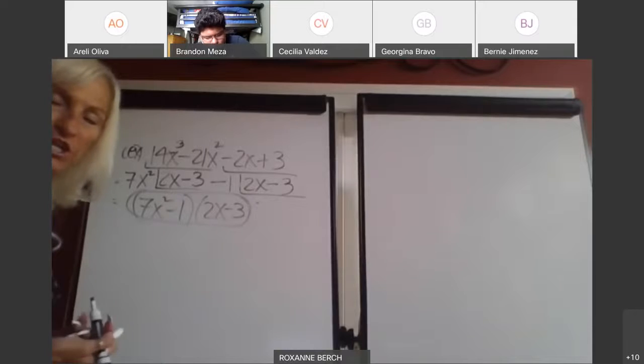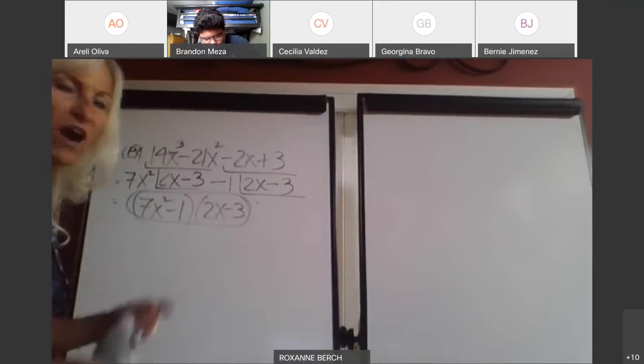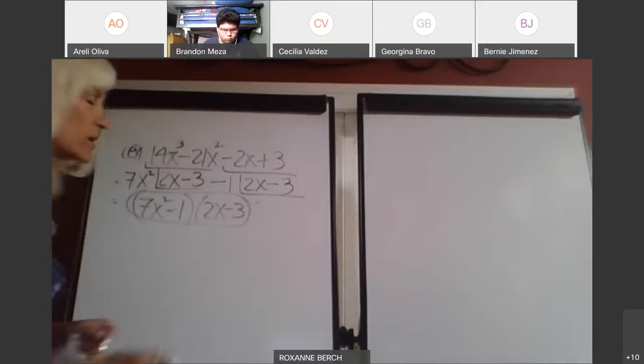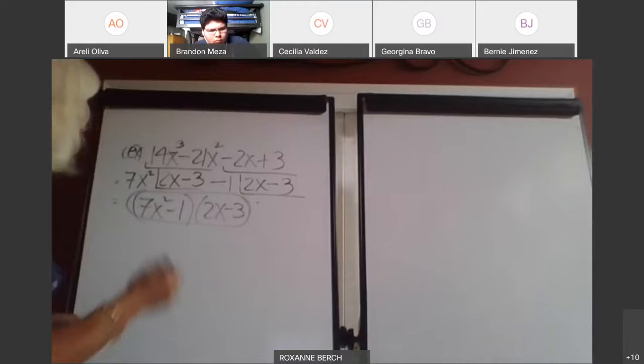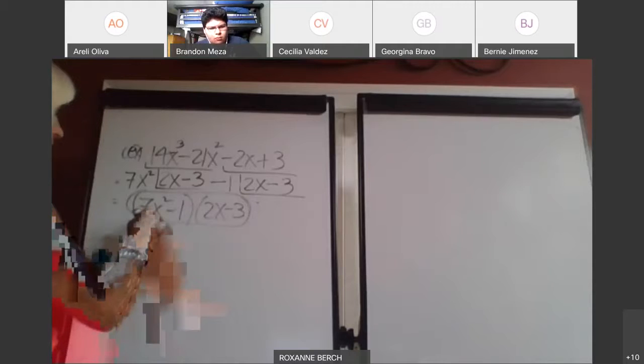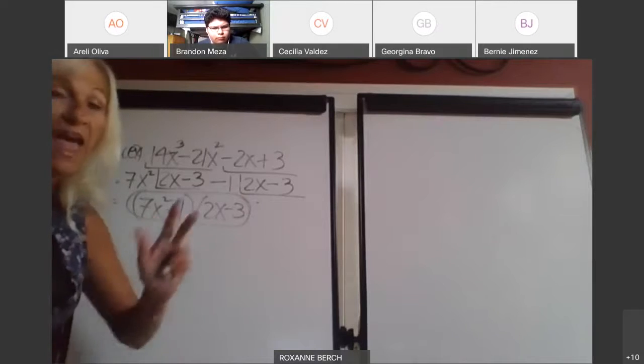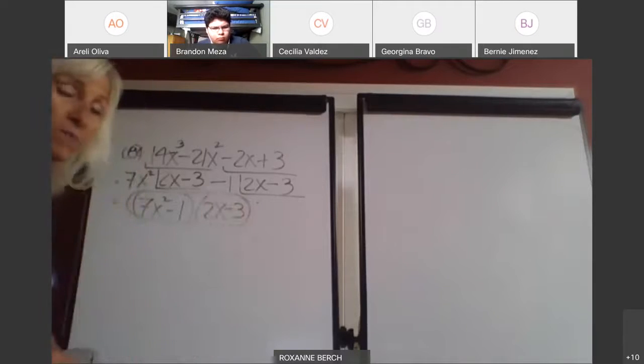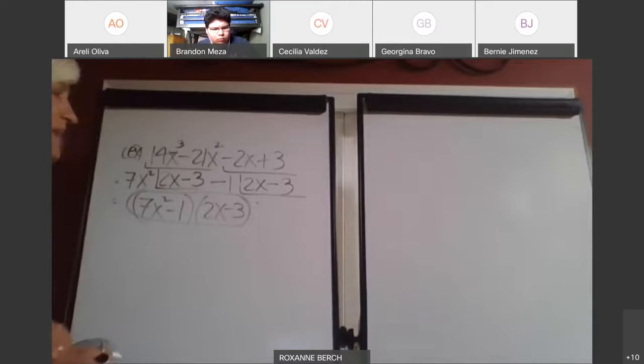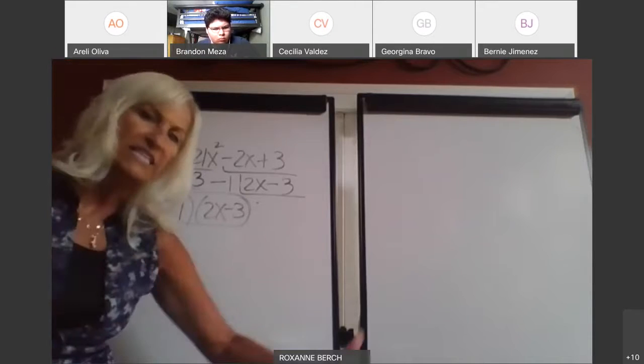Now, in the future, when stuff starts getting hard, you might have to factor out a 2, and then you might have to factor using the difference of squares. So what we're doing right now are just the basic problems, and that's why I'm stressing that you know them.